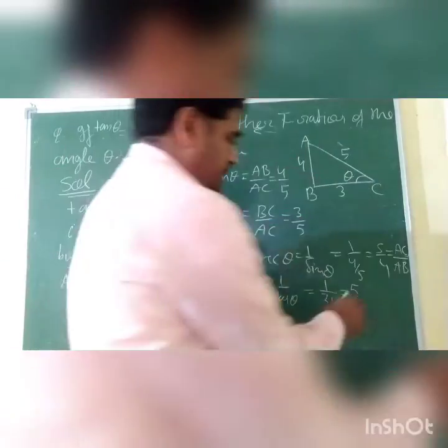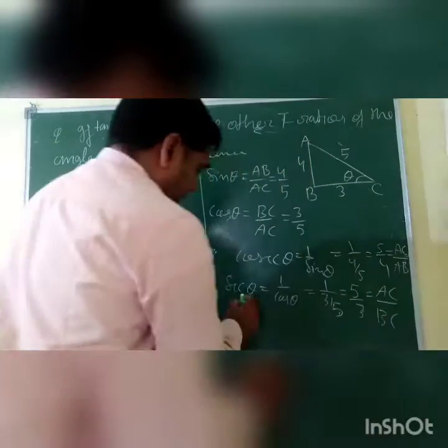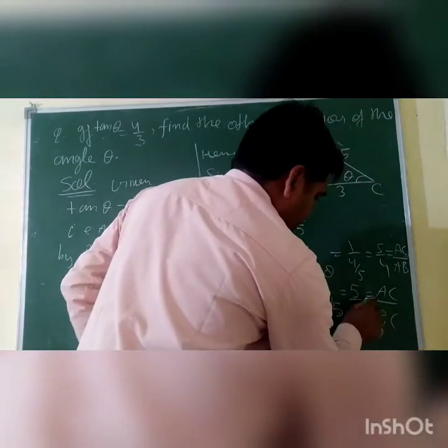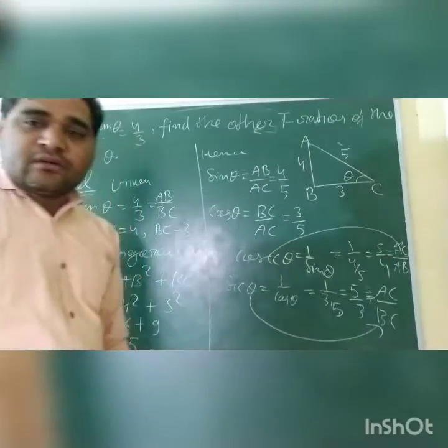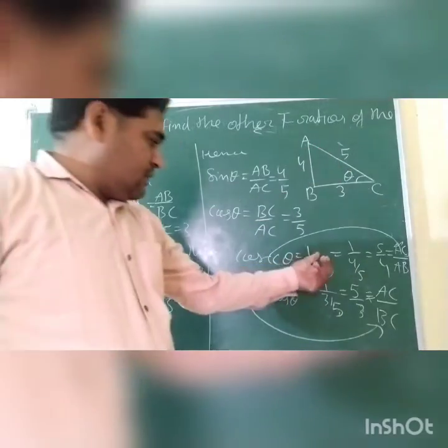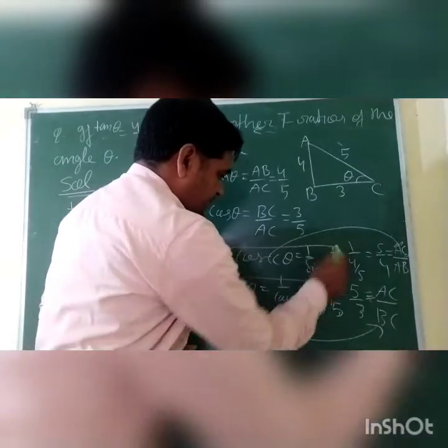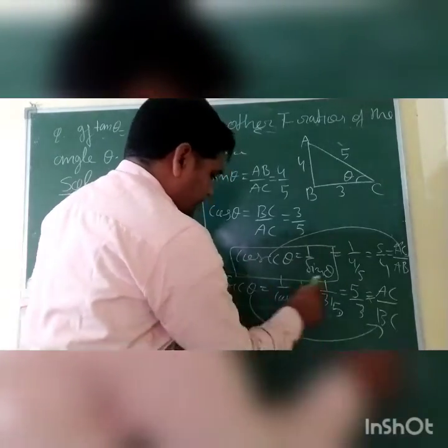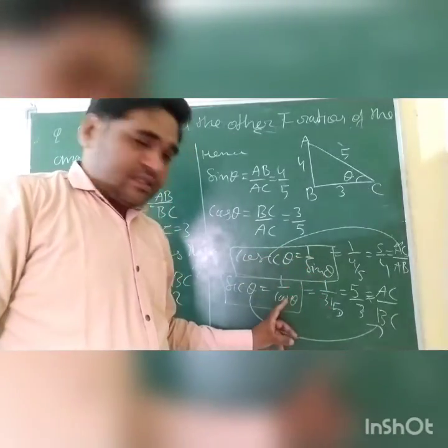From the figure, that is AC upon BC, so we get 5 by 3. Here we calculate the sec and cosec values using these properties, after finding sin theta and cos theta.